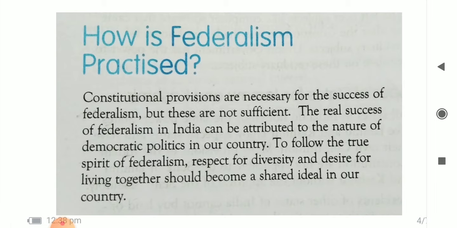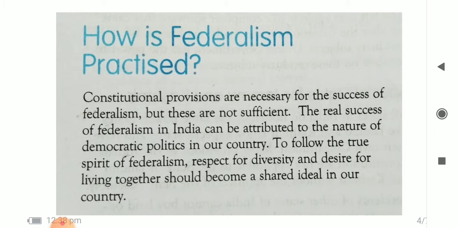And how is federalism practiced? Constitutional provisions are necessary for the success of federalism, but these are not sufficient. If the federal experiment has succeeded in India, it is not merely because of the clearly laid out constitutional provisions.